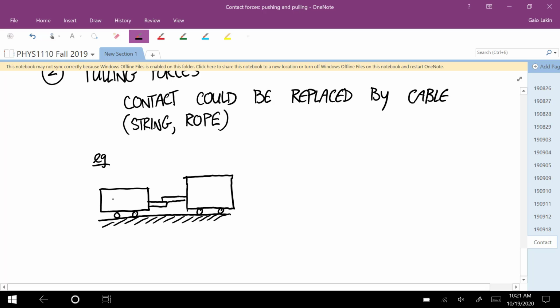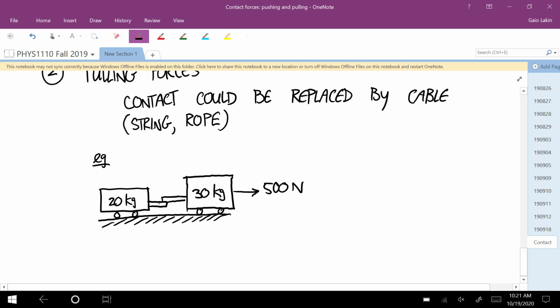Let's say that the one on the left has a mass of 20 kilograms and the one on the right has a mass of 30 kilograms. And let's say there's a force applied externally of 500 newtons that's pulling the whole system to the right. Notice that this could be made out of steel with a pin connecting them.